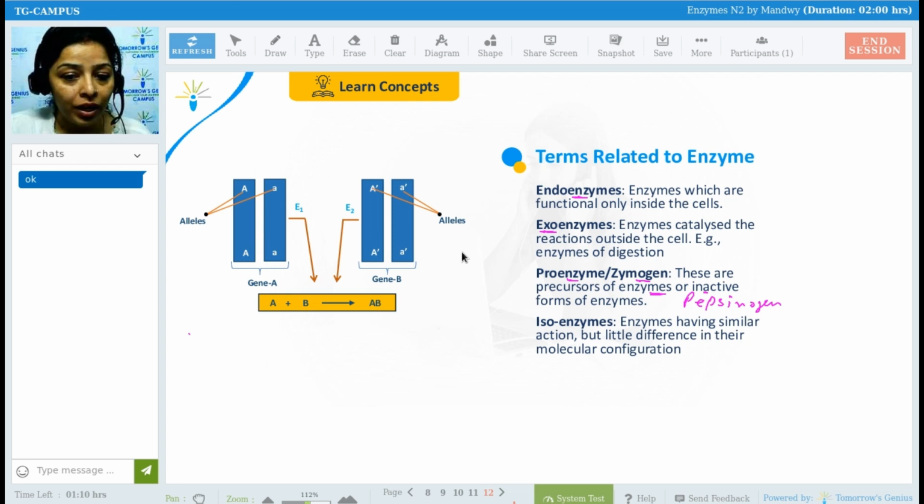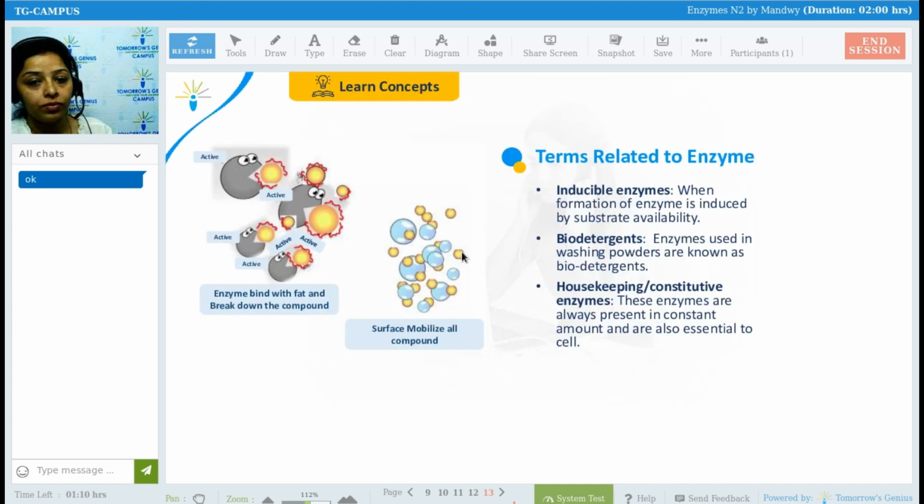Are you getting me? Isozyme: enzymes having similar action but a little difference in their molecular configuration. Their function will be the same, only the difference will be in their molecular structure.